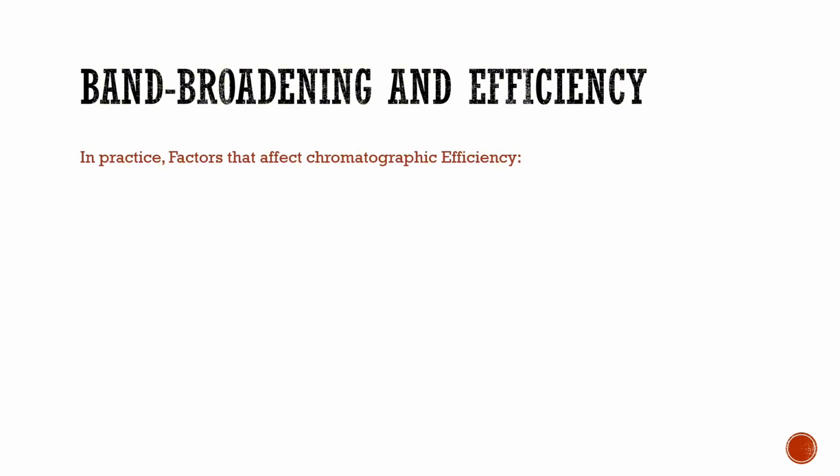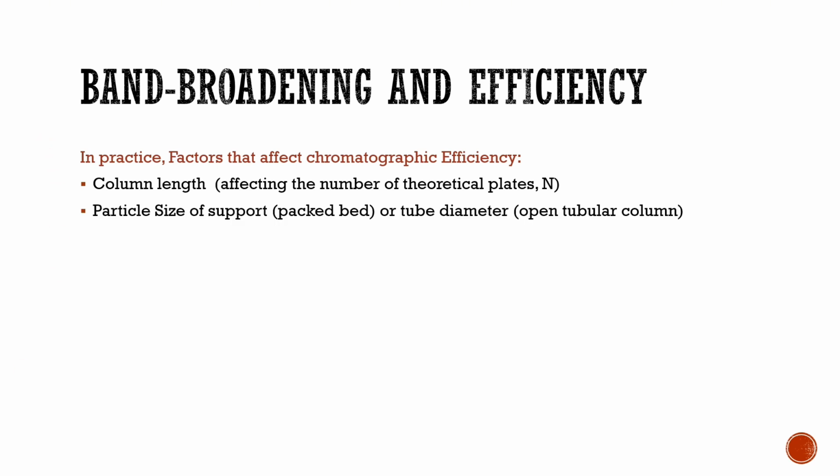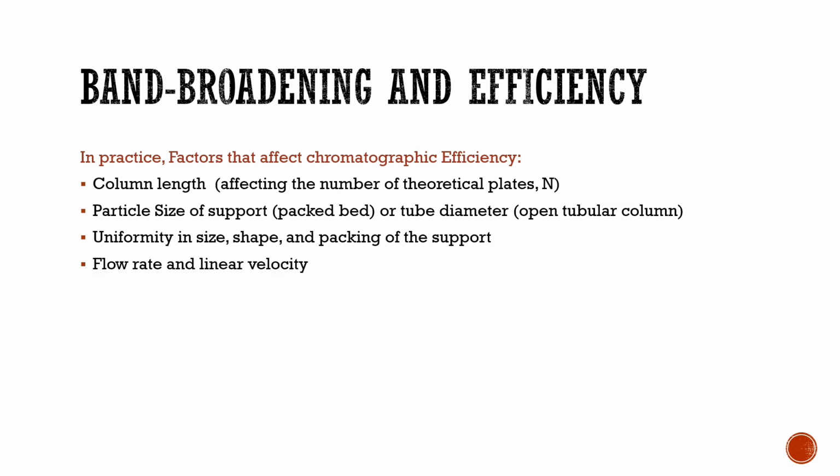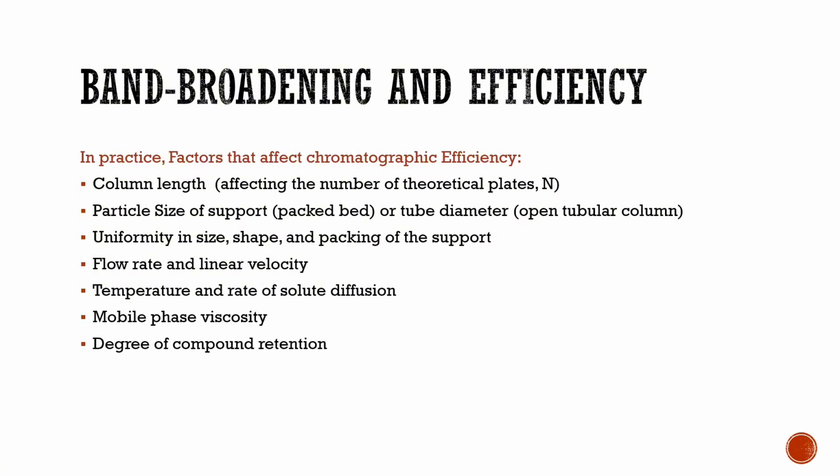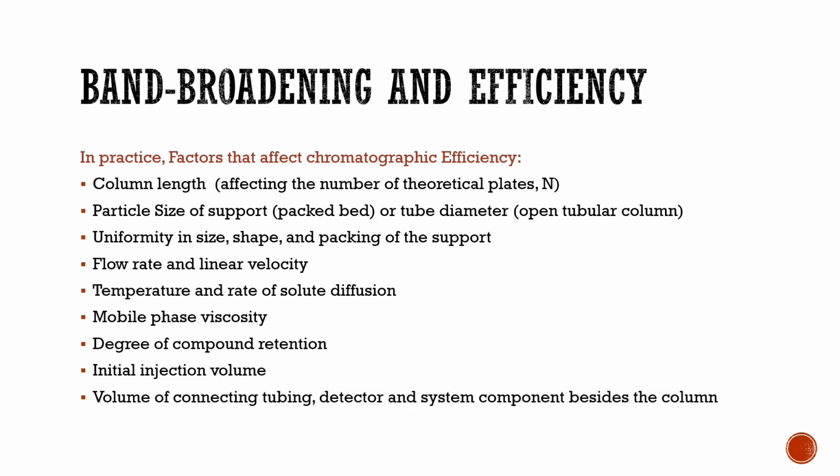In practice, these are the factors that affect the chromatography system, and this is what we need to know and understand: the column length, affecting the number of theoretical plates, the particle size of the support, the packed bed or tube diameter, the uniformity in size, shape and packing of the support, flow rate and linear velocity, the temperature and rate of solute diffusion, the mobile phase viscosity, the degree of compound retention, the initial injection volume, and the volume of connecting tubing, detector and system components besides the column.